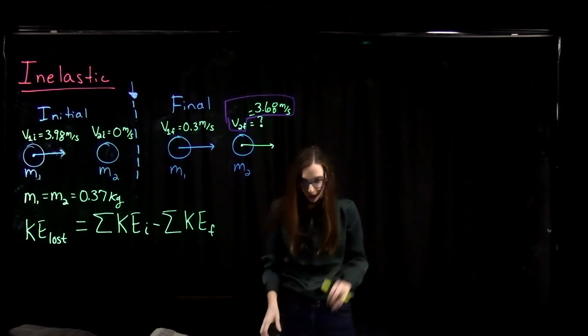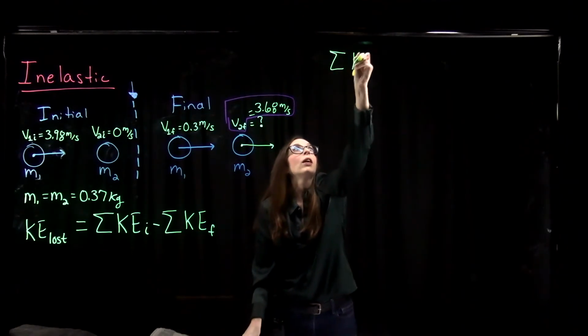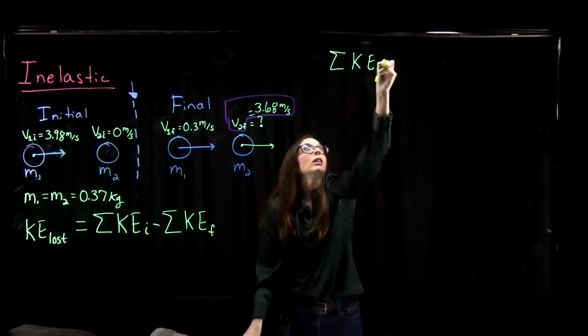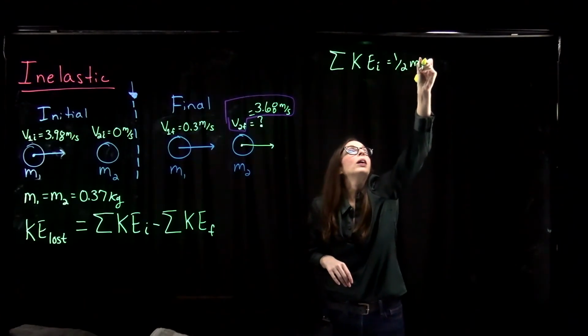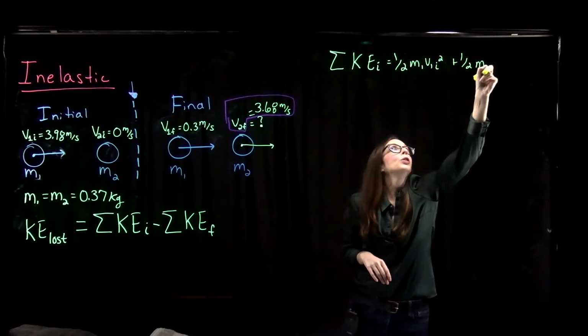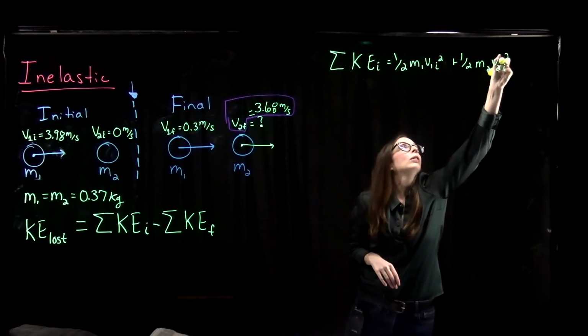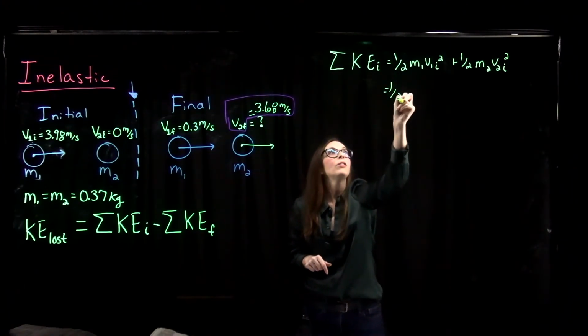So let's look first at the sum of our initial kinetic energies. The sum of our initial kinetic energy is going to equal 1/2 M1 V1 initial squared plus 1/2 M2 V2 initial squared.